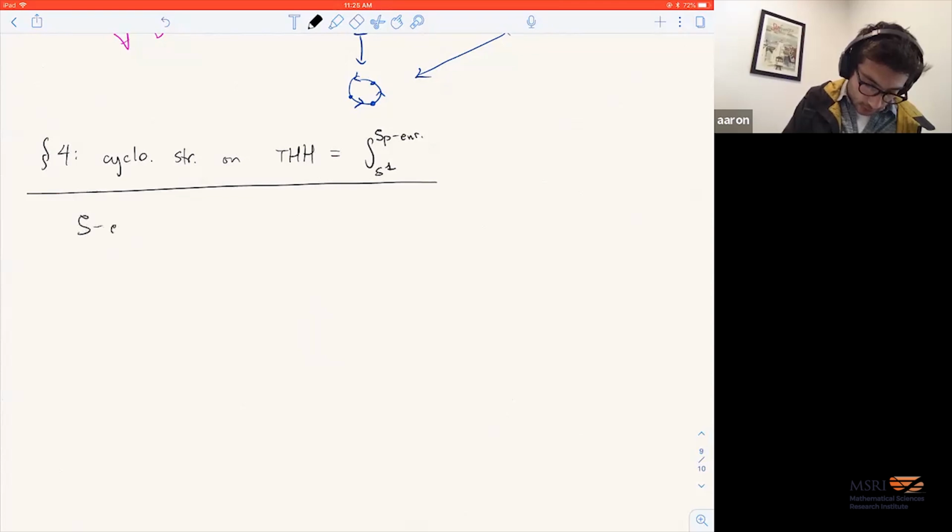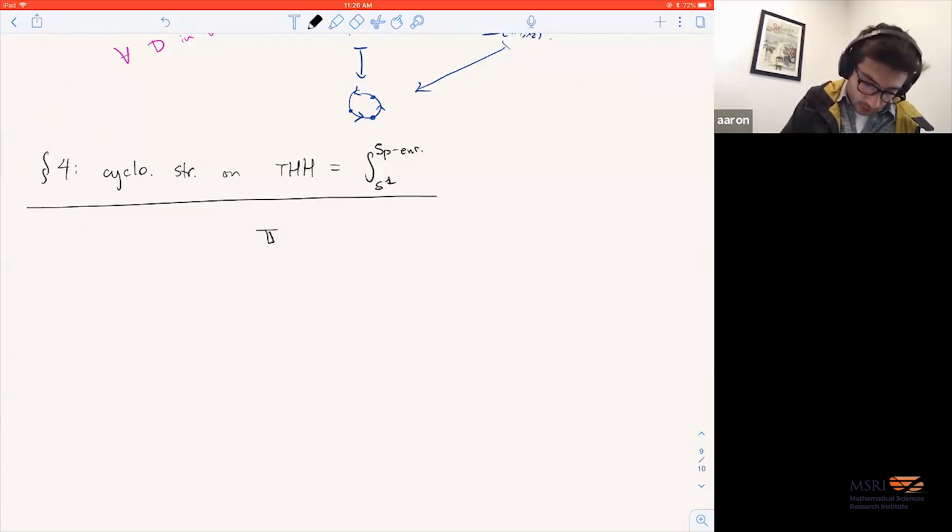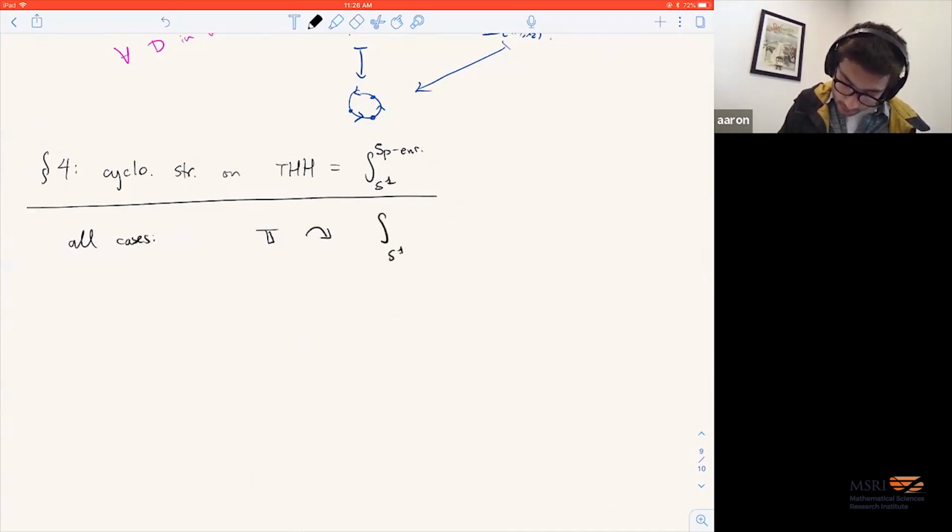in the spaces enriched case, first of all, in a way that I won't describe for lack of time, in every case, there's a T action on this factorization homology. And that's just basically by the functoriality for framed diffeomorphisms.